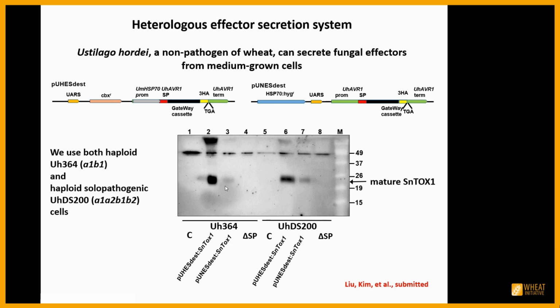We can show expression, and when you delete the signal peptide, there is no more secretion. We can do this in a single haploid strain of Ustilago hordei, but we also have what's called a solo pathogenic strain, which we got through a collaboration with Gunther Doehlemann in Germany and Bilal, which is basically a haploid strain which has opposite mating types transformed into it.